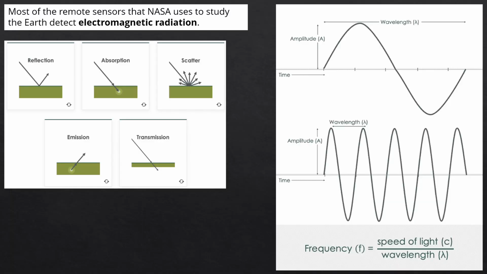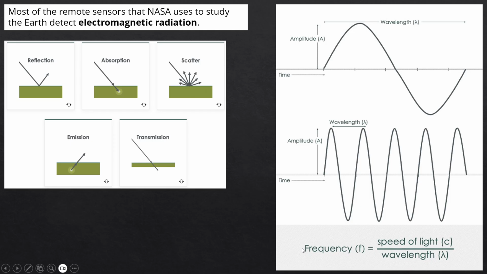For example, when we study remote sensing, we study the rays and their different wavelength and frequency. Wavelength is this whole thing which we know as wavelength. And frequency is the speed of light divided by wavelength.